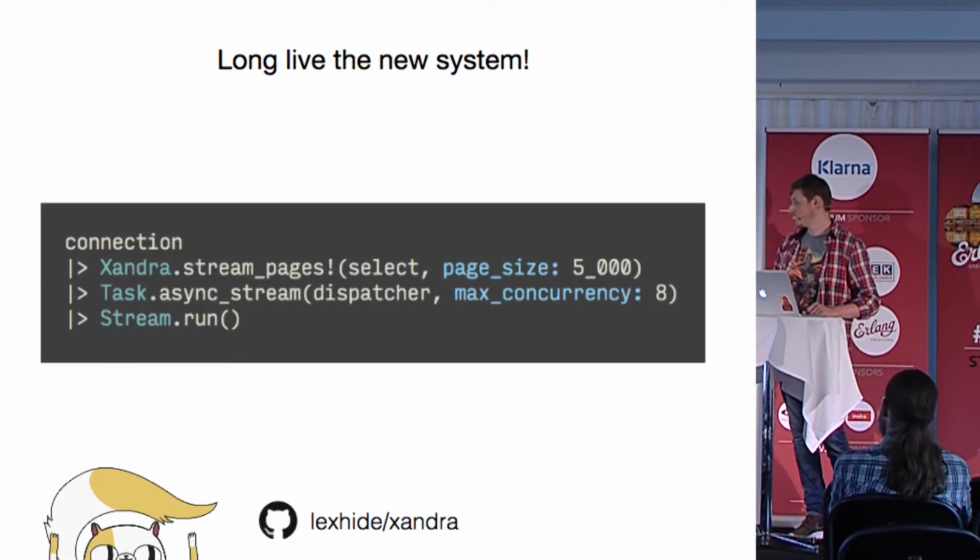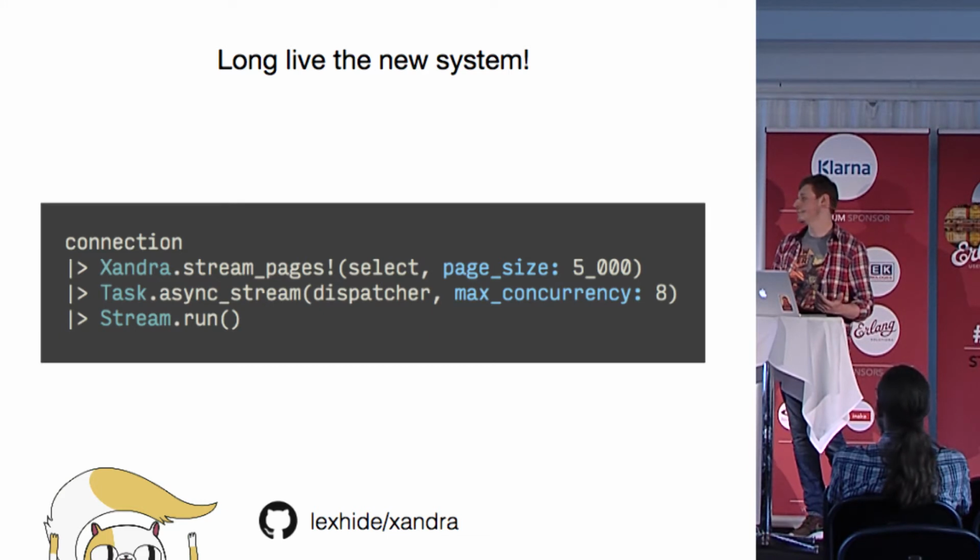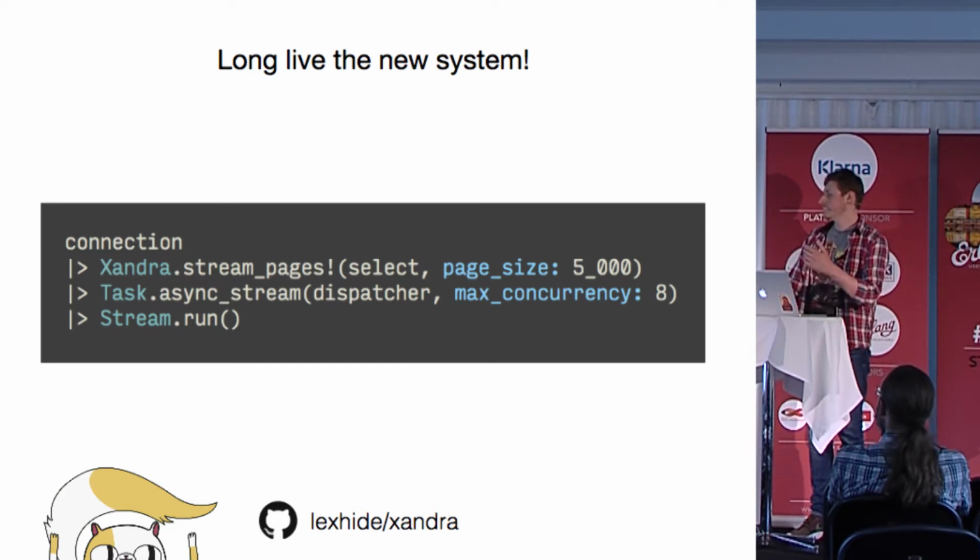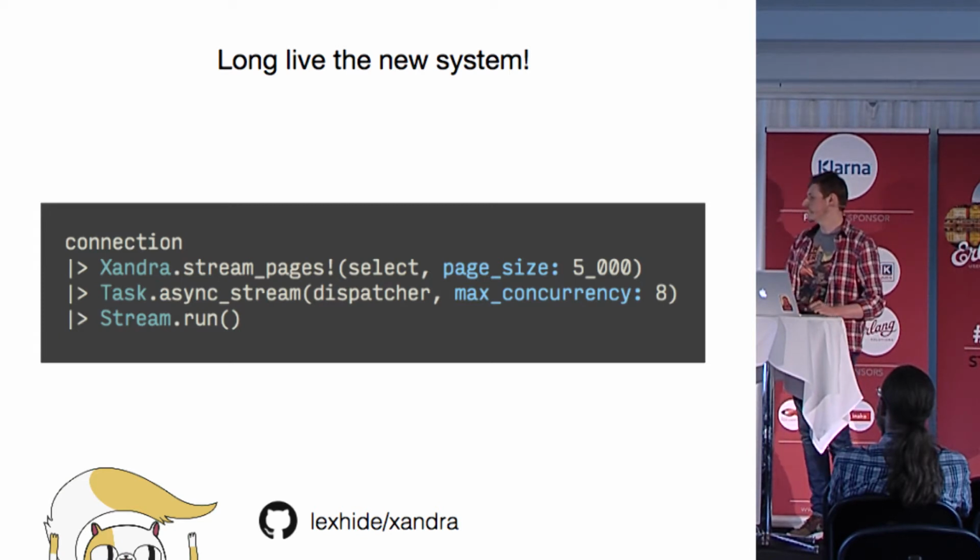This is an example of how you can achieve this with Cassandra and the Cassandra driver. You basically start receiving not messages, but chunks of 5,000 subscribers from the database, and then you can start async processing of this. And this is oversimplified, but still close to reality, how we handle this right now.